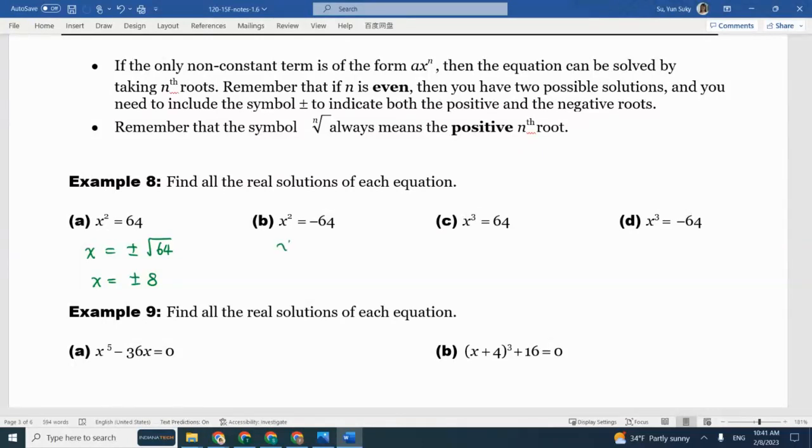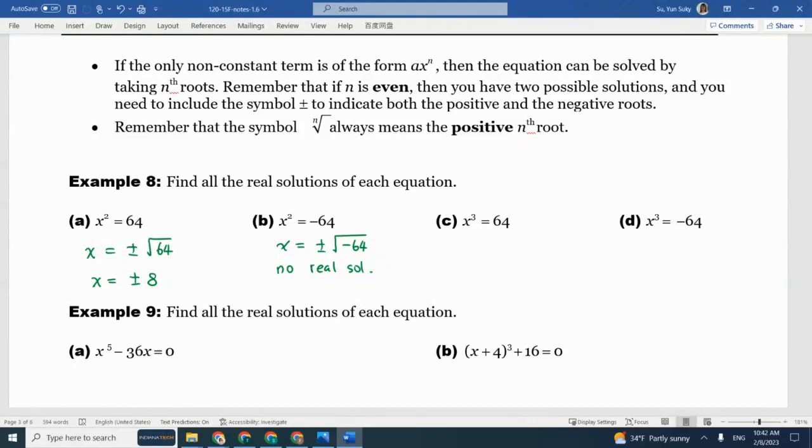Ooh, x is plus or minus square root of negative 64. Can a number inside the square root be negative? No. In this case, no real solution. Right? Because the problem is find all real solutions.